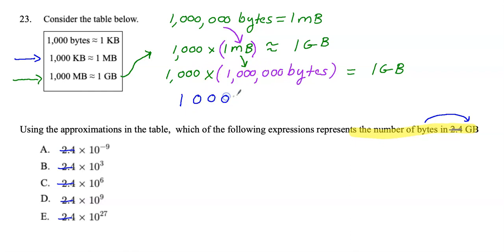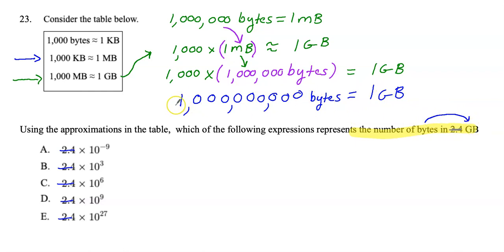I'll put in commas. In other words, 1,000 times 1 million is a billion. And bring down your bytes. Equals 1 gigabyte. So there are a billion bytes in 1 gigabyte, and that's ultimately what I wanted to figure out. How many bytes are in a gigabyte?